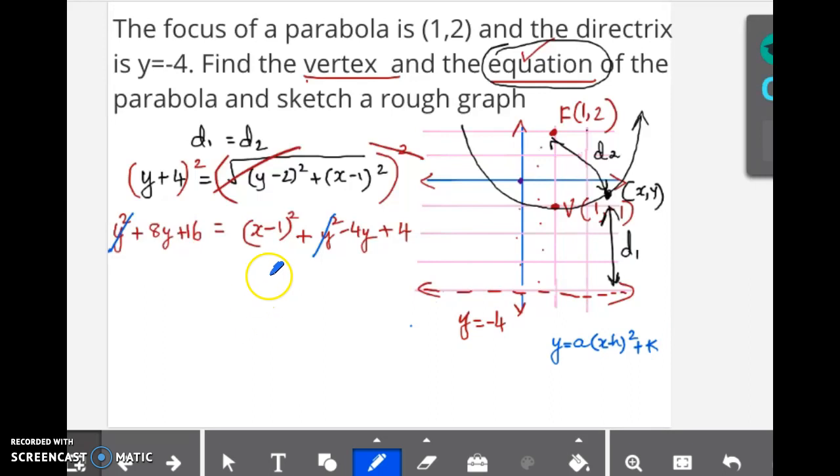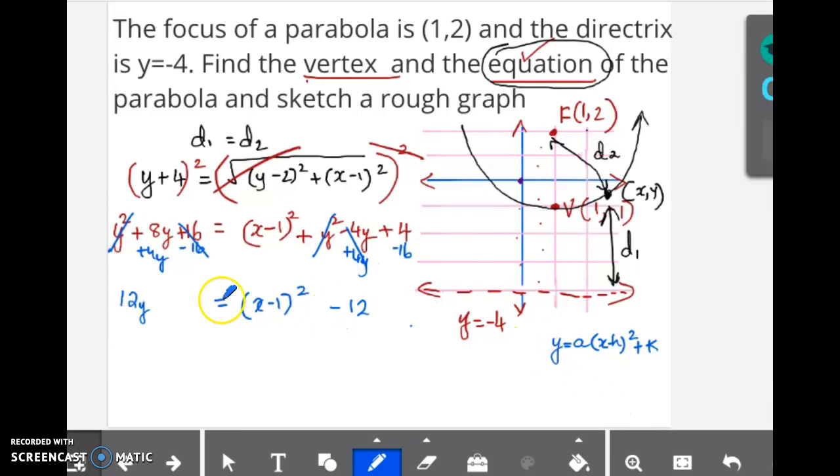So in order to accomplish that, I am going to add 4y on both sides. So I'm going to get 12y. I don't need this negative 16 here. I need everything to go on the other side. So I'm going to do minus 16, minus 16. So negative 16 cancels, x minus 1 the whole square stays, and I get negative 12.